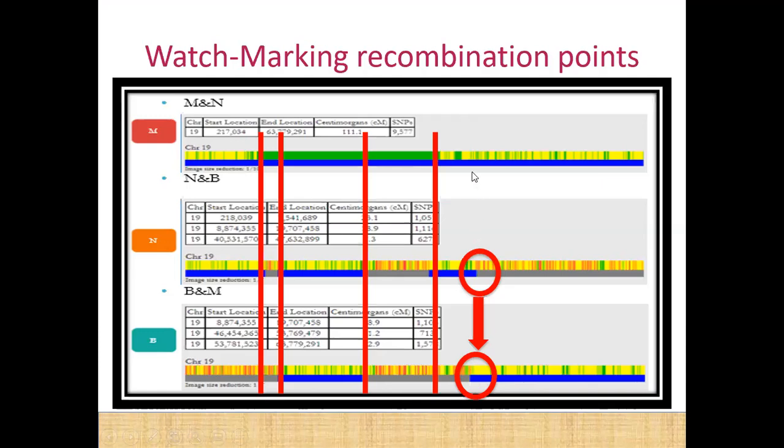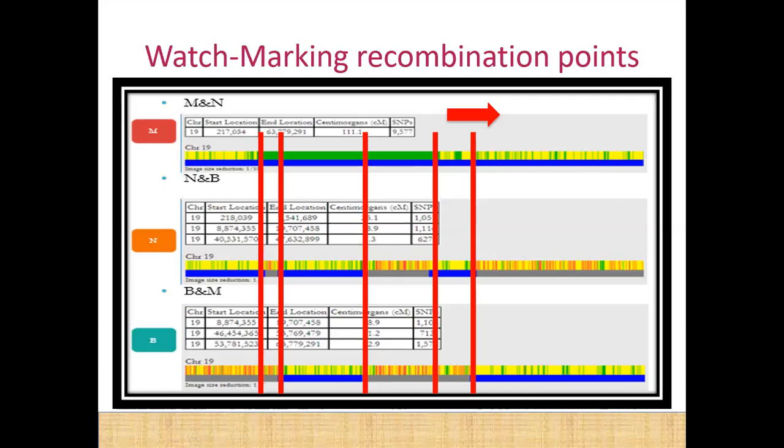And if we look above, got that yellow on the top, blue on the bottom, half identical match all through the area, which means we don't have any confounding variables, and we can put that line of recombination in free and clear. The M and N comparison still is half identical, yellow on the top, blue on the bottom, from this recombination line to the end of chromosome 19.